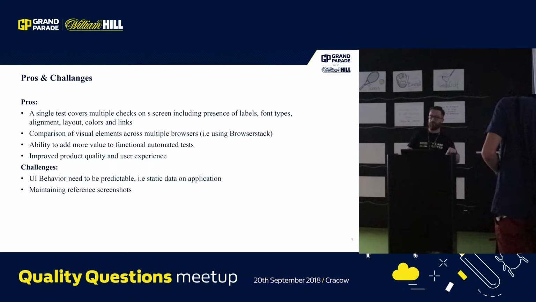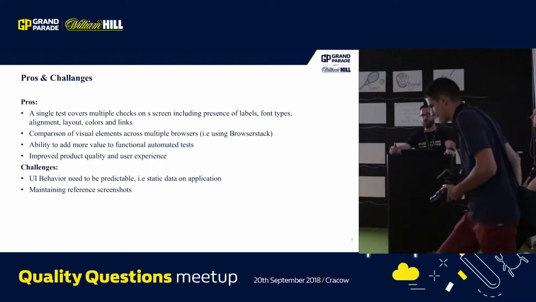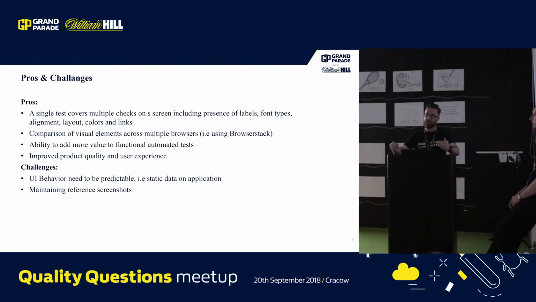Let's take a quick look at the pros and challenges of visual regression testing. As in our example with the footer, a single test can cover multiple checks on the page or on the UI elements, like checking labels, font types, images, icons, and everything that shows on the UI as UI components.